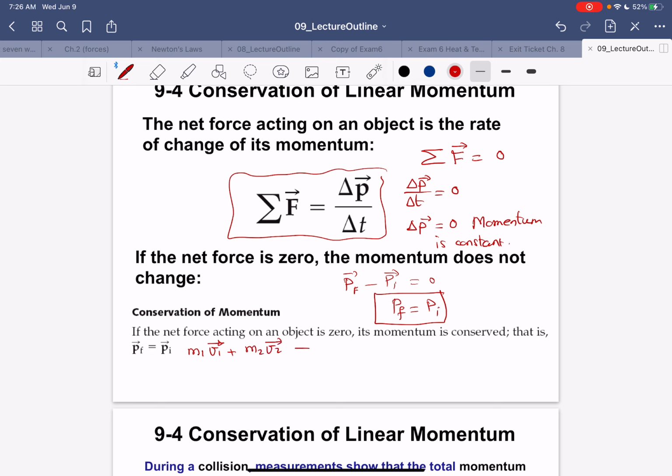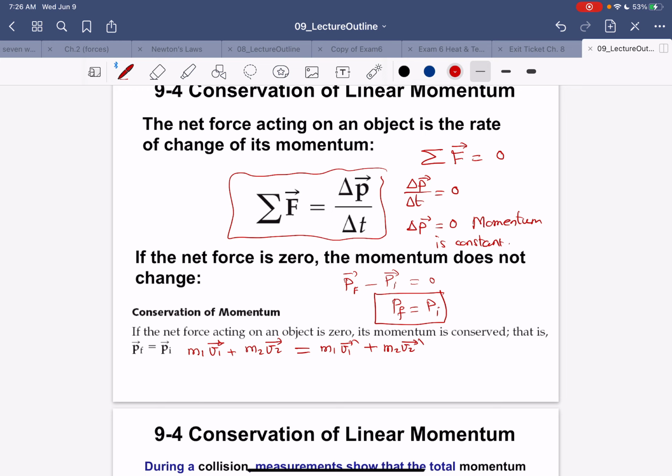My V1 and V2 represent the velocities of the two objects before the collision, and I will use prime for the velocities after.